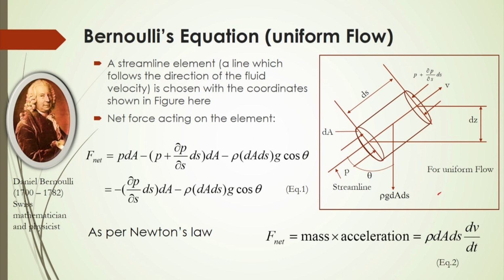So P plus dou P dou S ds, times dA, is the total pressure force acting opposite to the flow direction. Then we subtract the component of the gravitational force along the streamline, rho dA ds g cos theta.